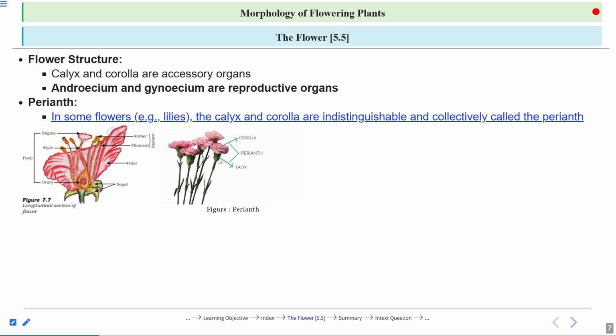You cannot differentiate between them. So in such flowers, they are called perianth. Instead of calling them petals, sepals, calyx, corolla, you use the term perianth. One example in which you see the perianth is the lilies.